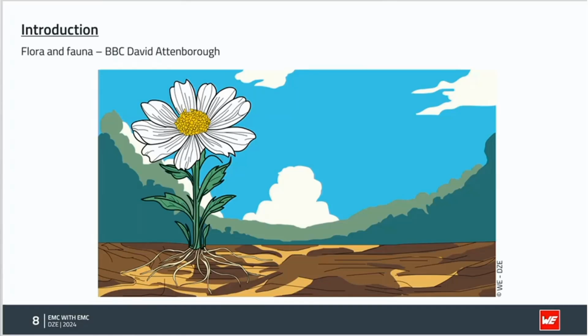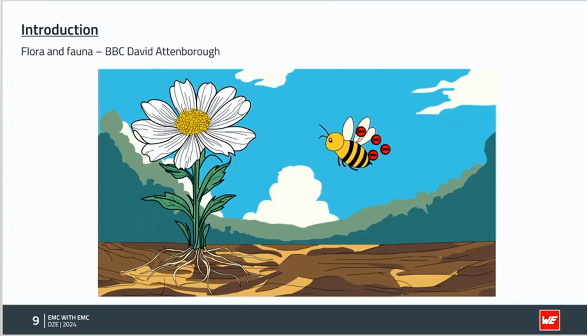So, what does EMC have to do with flora and fauna, or in this case with bees and flowers? Well, when a bee travels along, or in this case flying, due to molecular friction, it loses electrons. Therefore, it's positively charged.